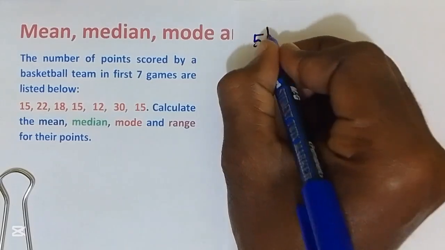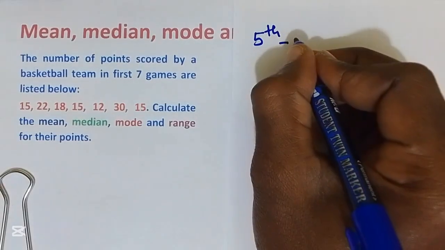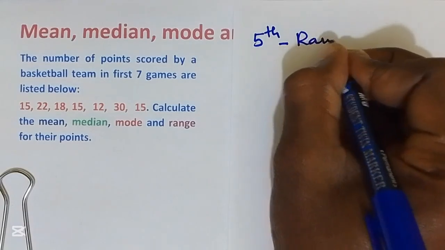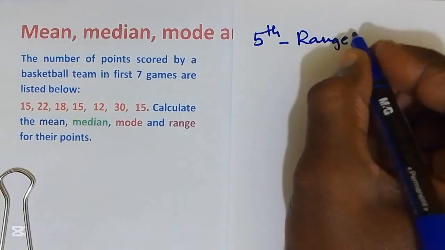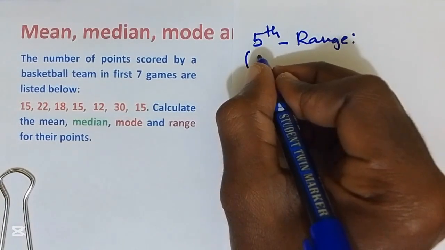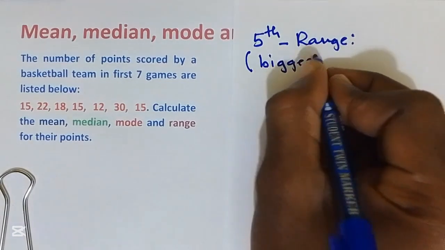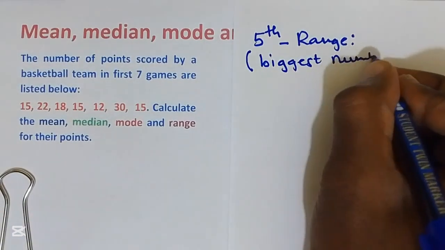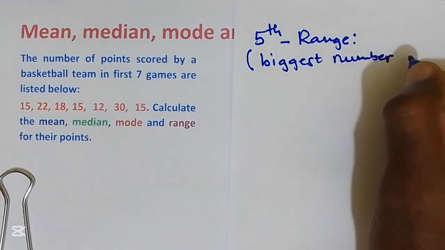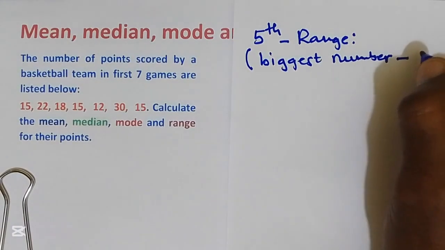Fifth, let us find the range. The range is given by biggest number minus smallest number.